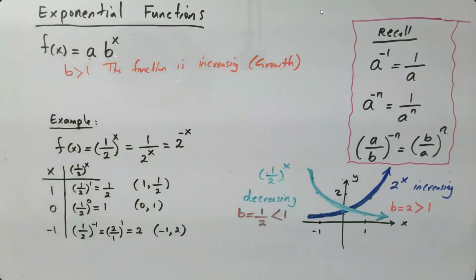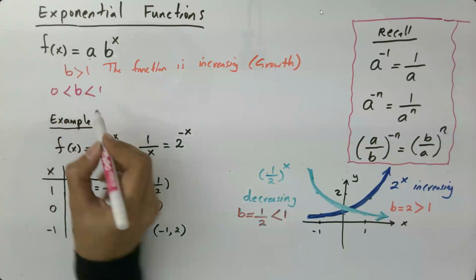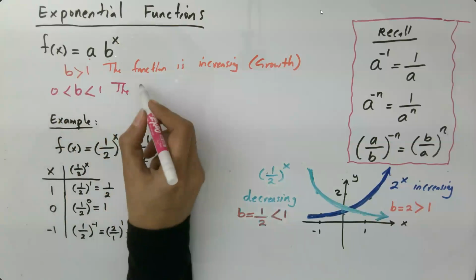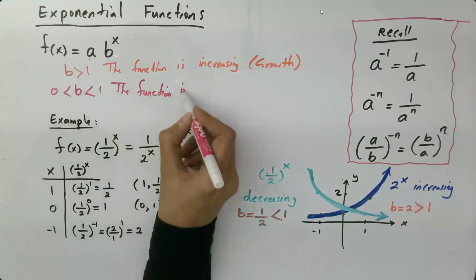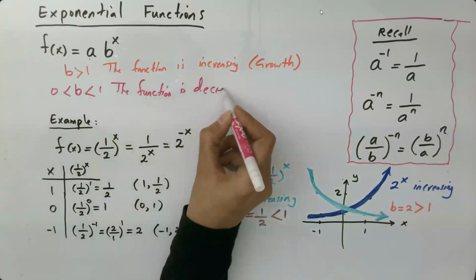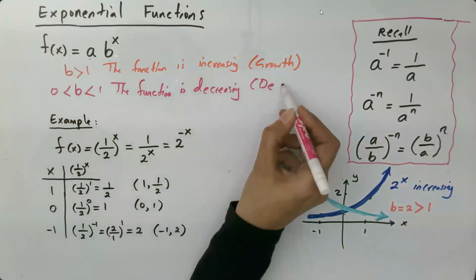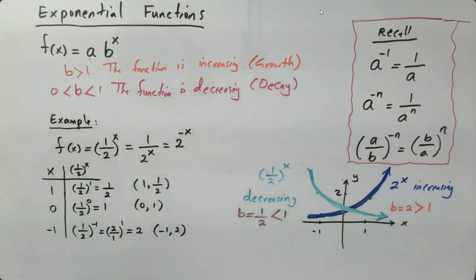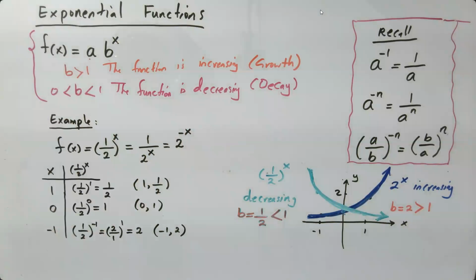If b is sandwiched between 0 and 1, the function is decreasing, and I have a decay function.